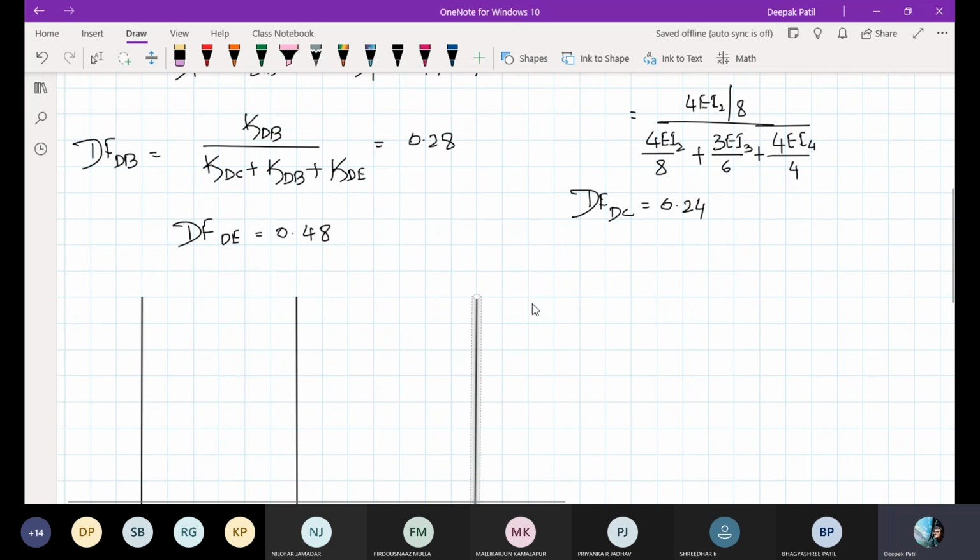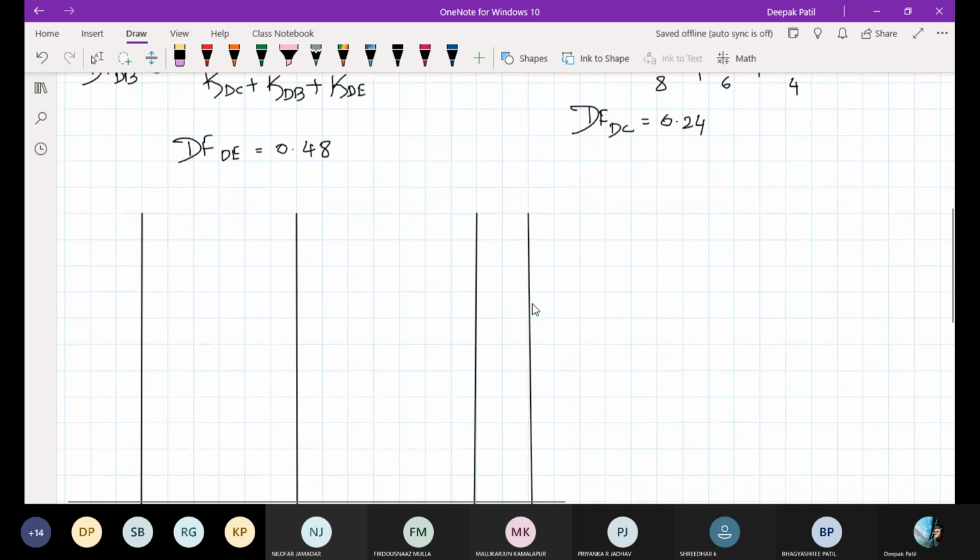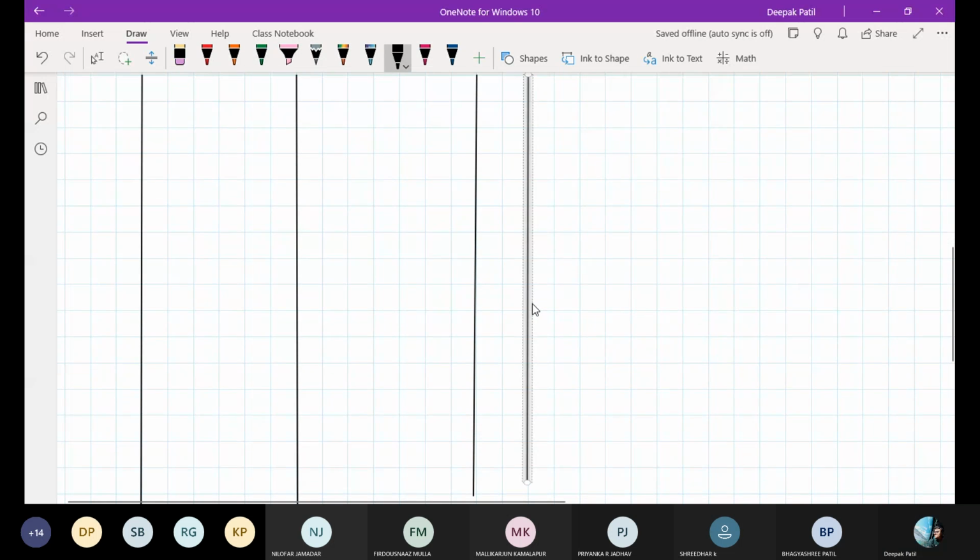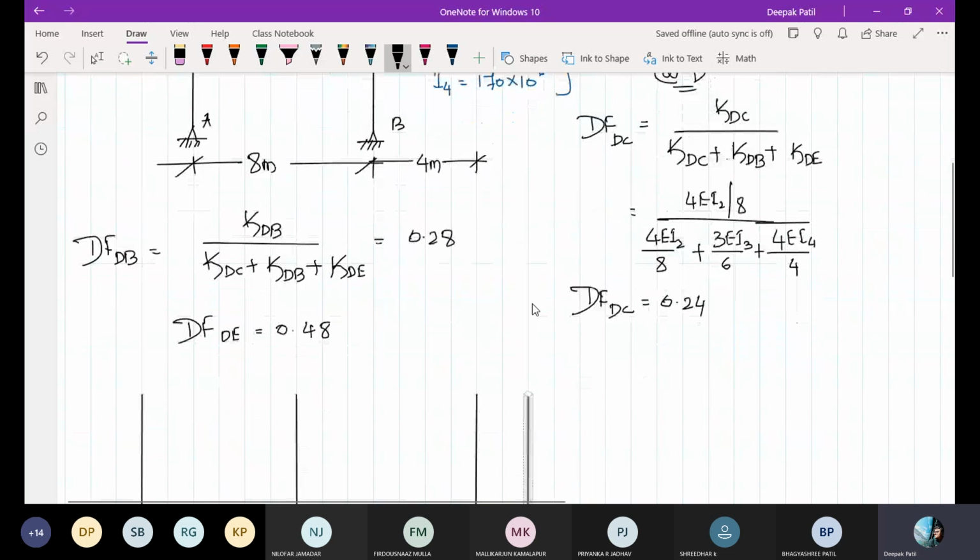So there should be a double line. We'll draw at the end for E.